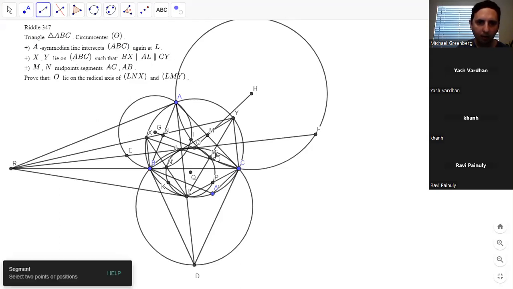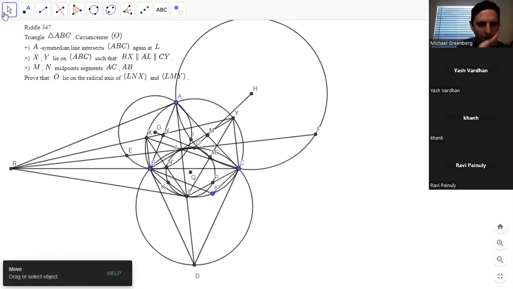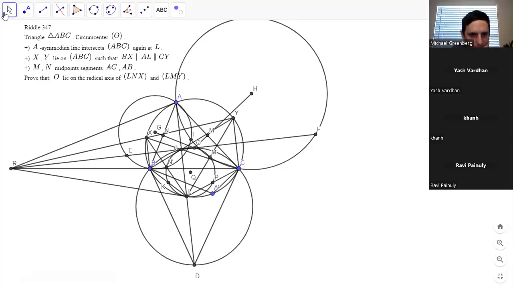We have that homothety. I think we use the fact that this is the symmedian by using the fact that X, Y, B, C, and the tangents meet at R. I think that's how we use that AL is a symmedian. I just have to figure out where to go from there.